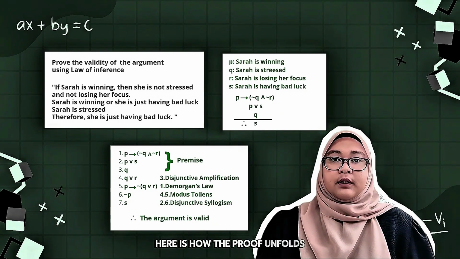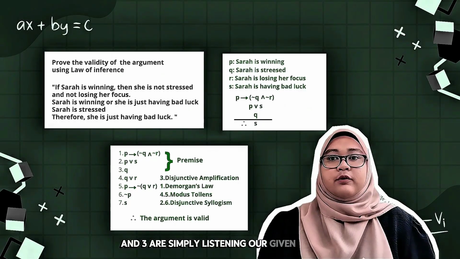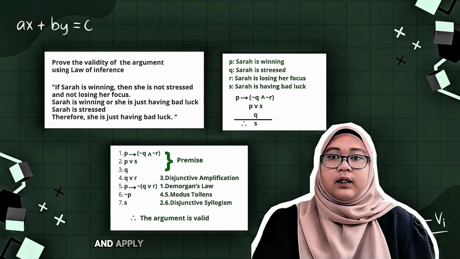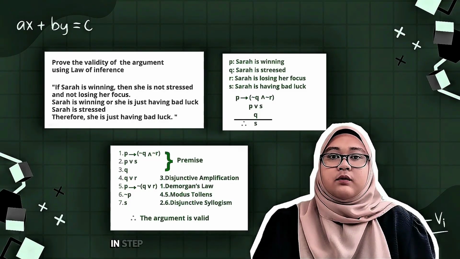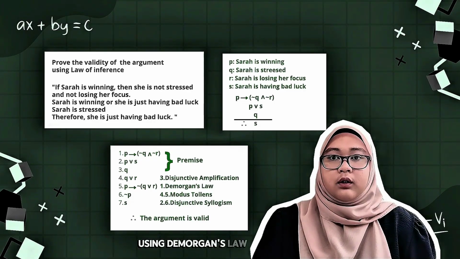Here is how the proof unfolds. Steps 1, 2 and 3 are simply listing our given premises. In step 4, we take premise 3, which is Q, and apply disjunctive amplification to get Q or R. In step 5, we rewrite the consequent of premise 1 using De Morgan's law.